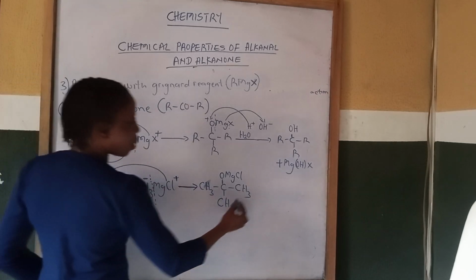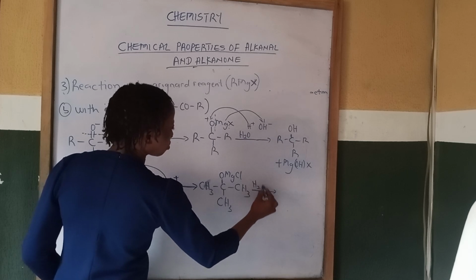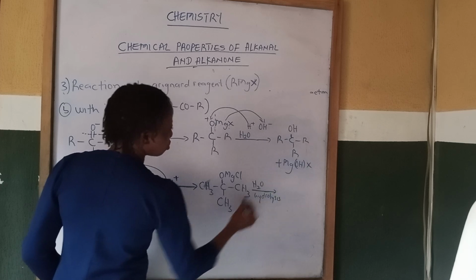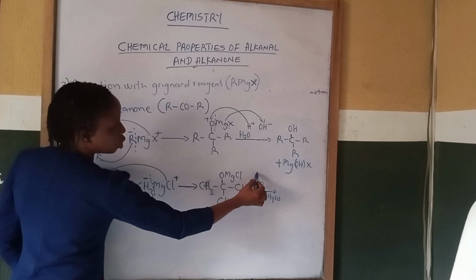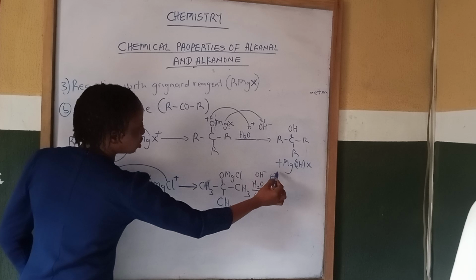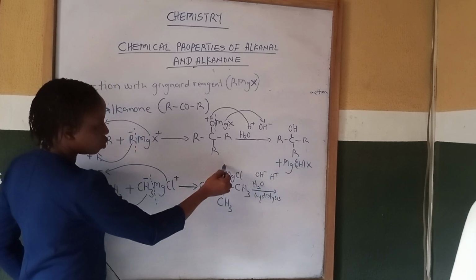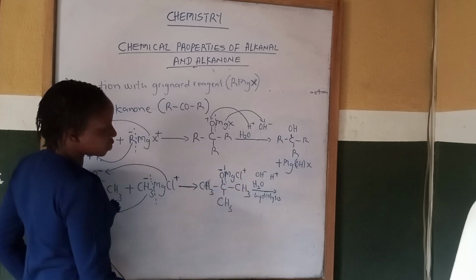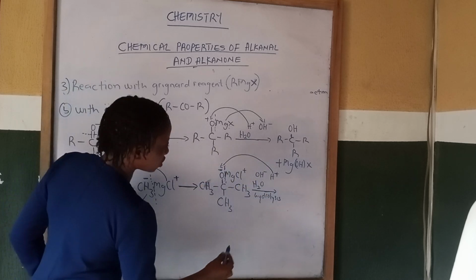So our products here will be hydrolyzed. Then the water molecule will split into hydroxy ion and hydrogen ion. So this one too will break. Oxygen is negative while this place is positive. So hydrogen will combine with the negative oxygen.